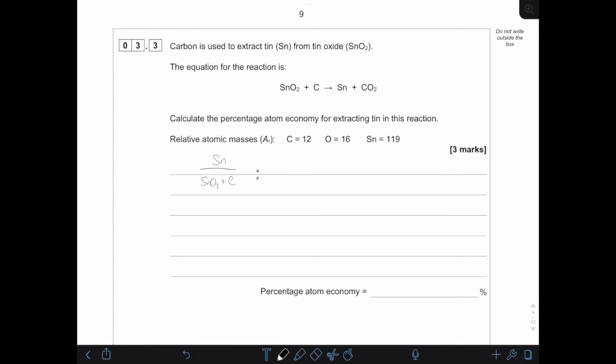And in this case, tin is 119. Thank you for providing that number for me. And we know tin oxide is 119 plus 2 lots of 16, which is 32. And carbon is 1 lot of 12.